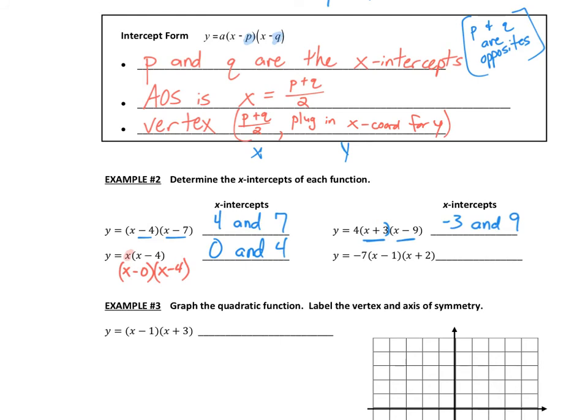Again, it's the opposite of -4, so it's going to be a +4. And the last one, the intercepts are +1 and -2. Okay, the opposite of a -1 and the opposite of a +2 are 1 and -2. And these are the x-intercepts.